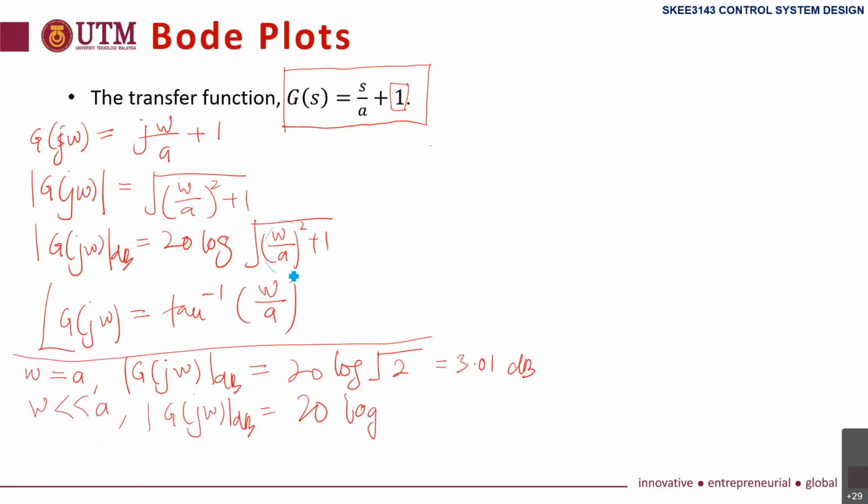The first term in the square root becomes 0, because omega, when compared to A, is very small. That means it's just log of the square root of 1, which is 1, and log 1 gives 0 dB.